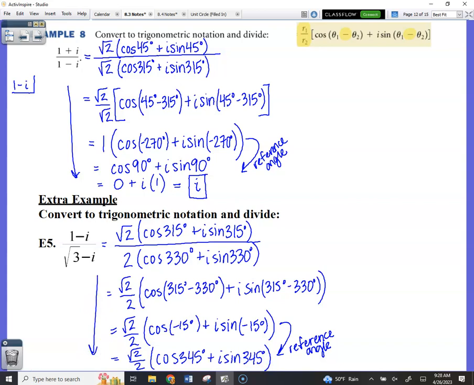Why can I not go any further? 345 is not on the unit circle, so you would be able to stop here. No, the only reason I took the square root 2 away up here was because it was the number 1, which would not change anything when I multiply that in. But you don't multiply that in until you find the fractions of the sine and cosine. The top one was square root 2 over square root 2.